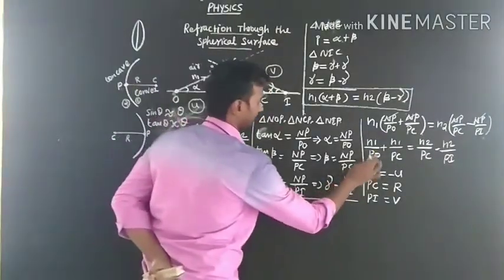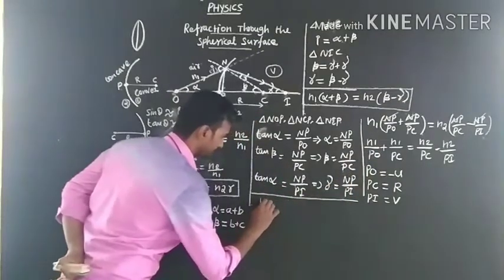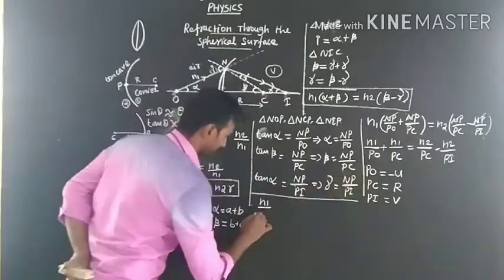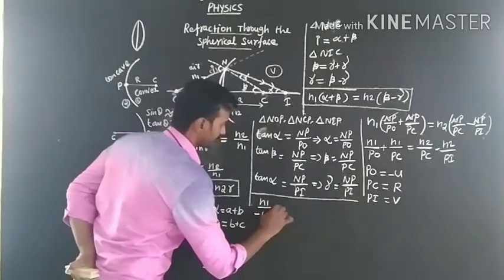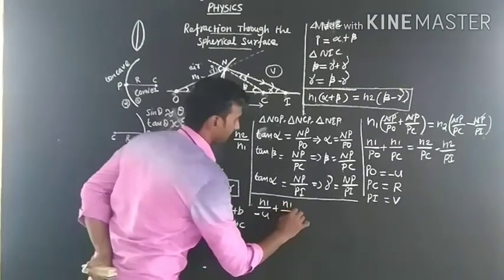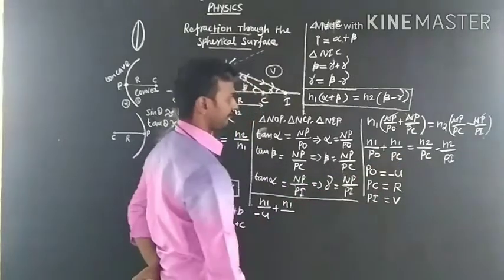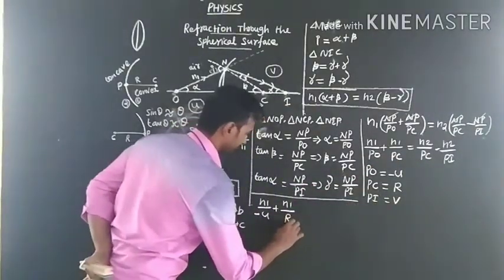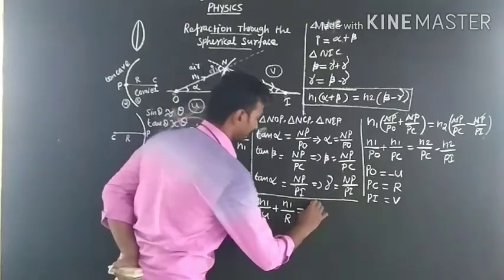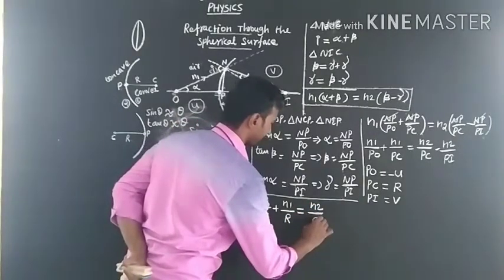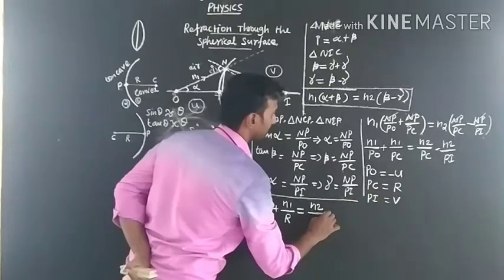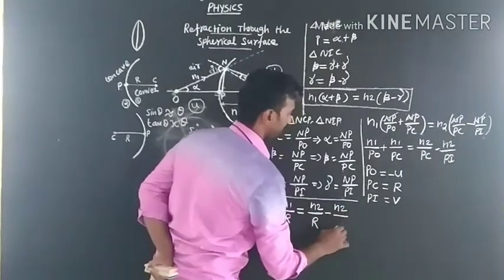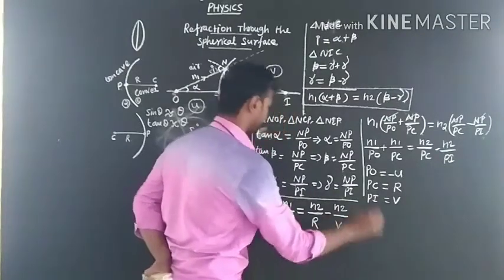Okay, we get n1 by PO, so n1 by minus u, plus n1 by PC, PC is equal to R, is equal to n2 by R minus n2 by PI, which is v.